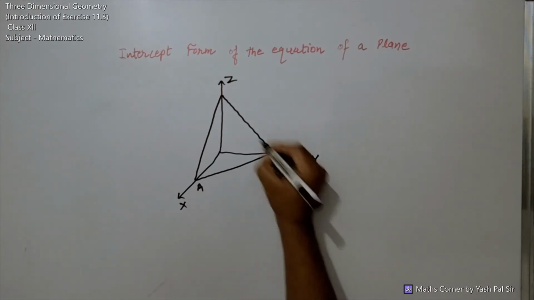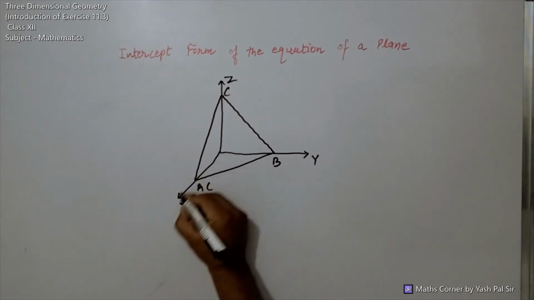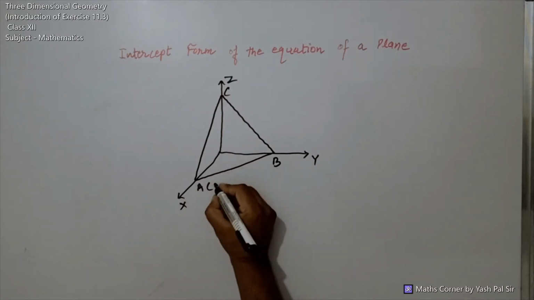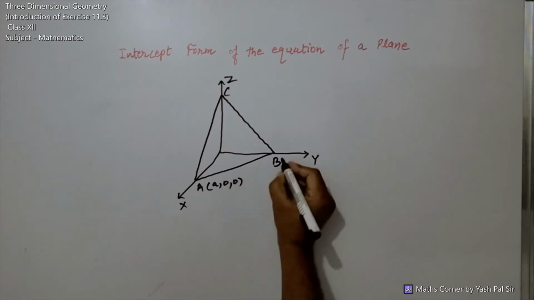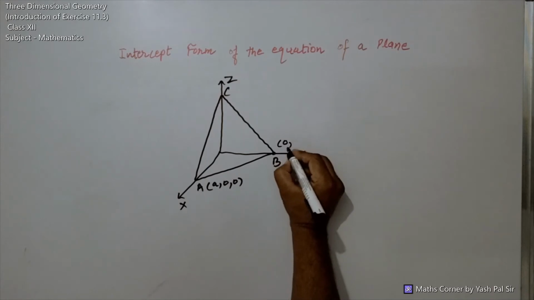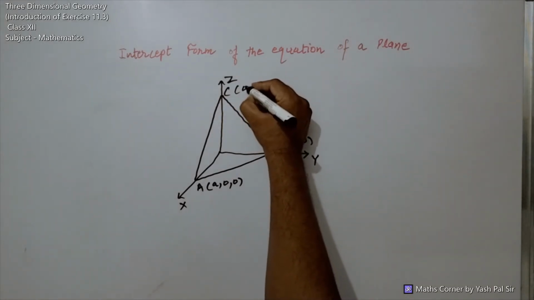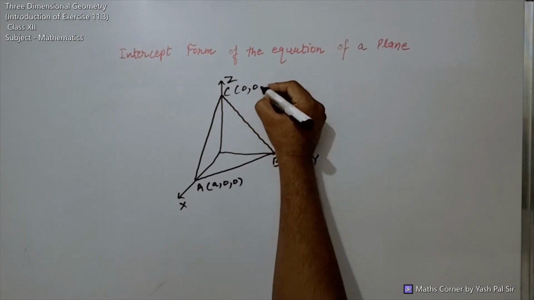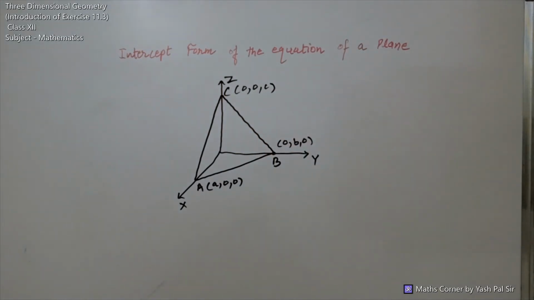Suppose this is the plane, with coordinates A, B, C. The coordinates of point A, because it lies on the x-axis, will be (a, 0, 0). Point B lies on the y-axis, so its coordinates will be (0, b, 0). Similarly, the coordinates of point C are (0, 0, c).